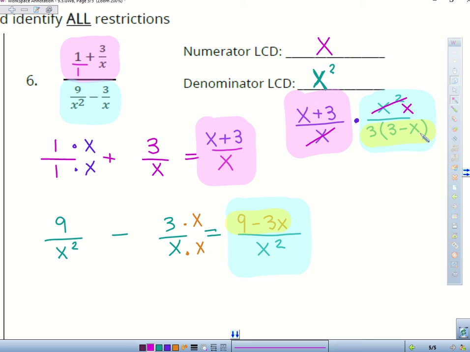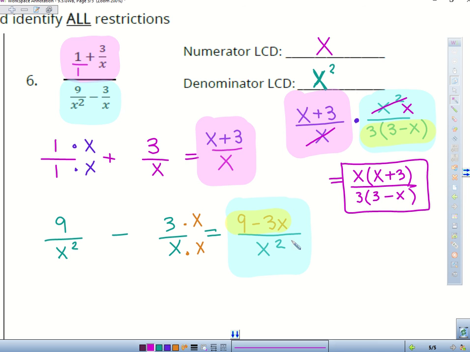Well, if I did the -1 thing, this would convert this into x minus 3, right? So that still wouldn't cancel with this, unfortunately. So my final answer is just x times x plus 3 over 3 times 3 minus x. Do we have any questions about that one? And then if you are wondering, the restrictions would have just been 0 and 3.